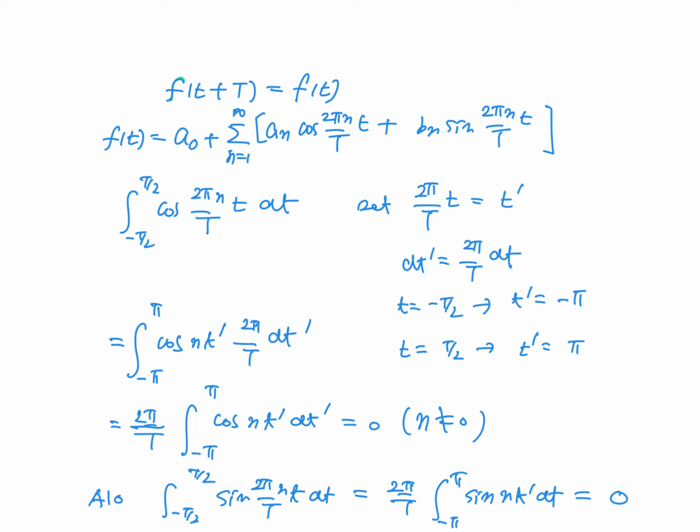So that part is called integration by substitution, or I think in 정석 they used 치환적분, to replace this 2 pi t over T by t prime.